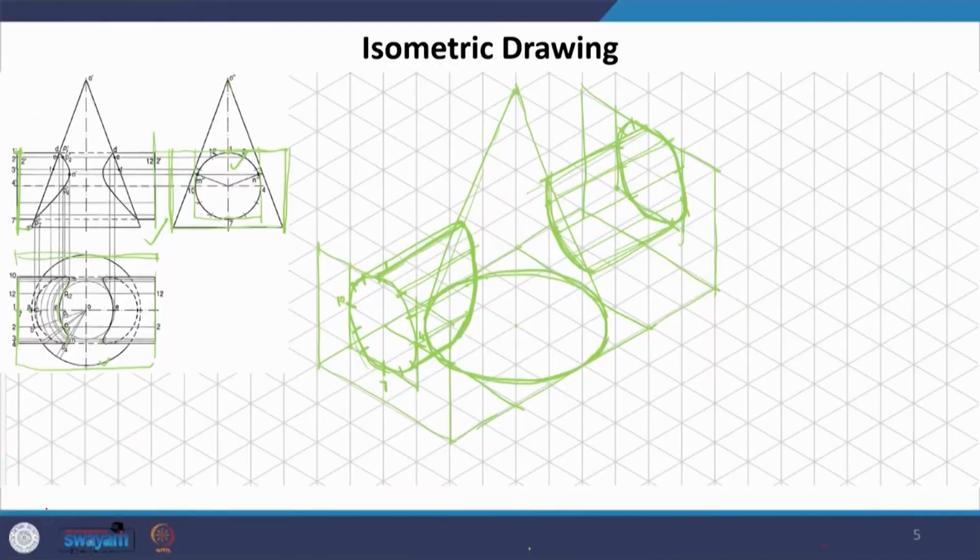I will just darken it now, so that you can very clearly understand how this intersection is happening. This is what you will actually see, but the premise is that your orthographic projection has been drawn correctly.